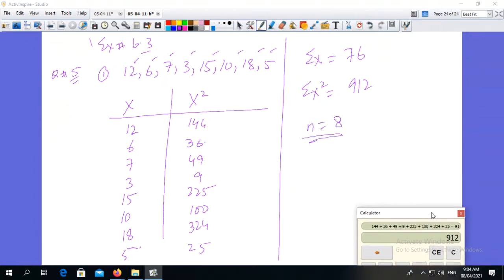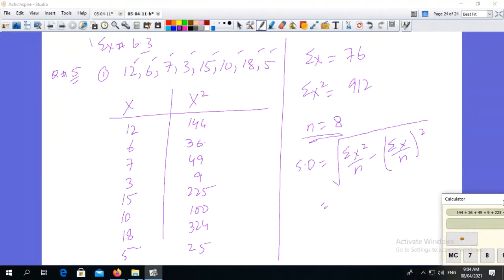We replace these values in the formula: square root of summation x square by n minus summation x by n whole square. So we have summation x square, 912, by 8, minus summation x, 76, by 8 whole square, and square root.